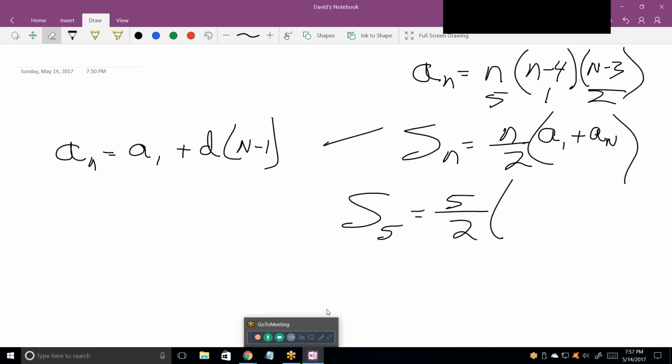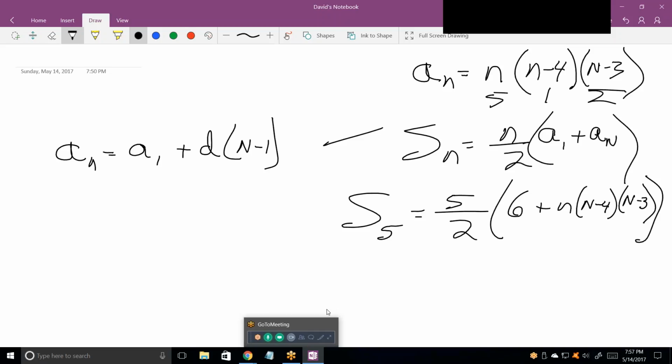Okay, so we know the first number is 6. So it's going to be 6 plus n times n minus 4 times n minus 3. Now you just plug in 5 for n, I guess.